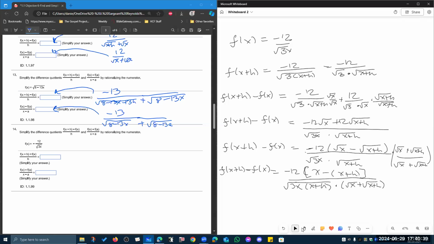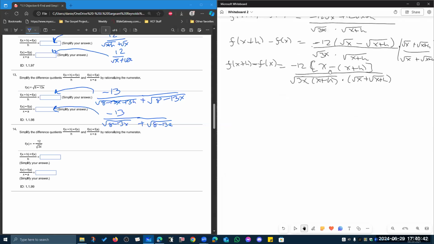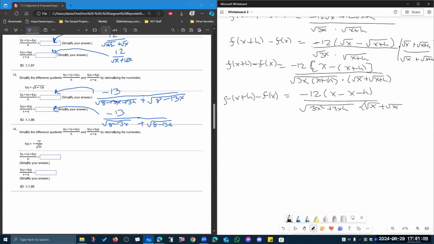Let's move this up here. Do a little bit of simplification. This is going to be f of x plus h minus f of x. So negative 12 times x minus x minus h over root, I want to call this 3x squared plus 3xh, we can, times root x plus h. Doesn't really help me to multiply that out.